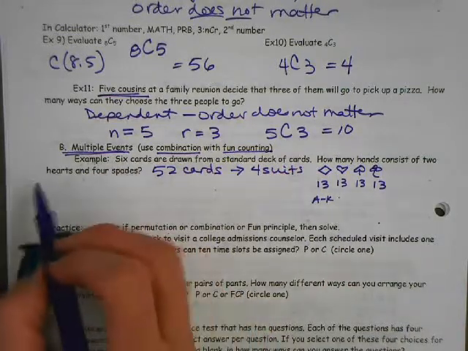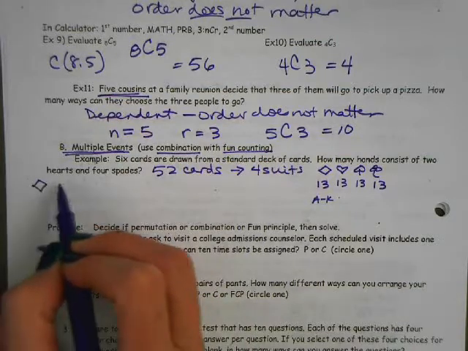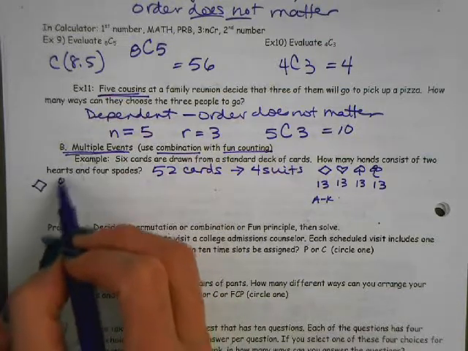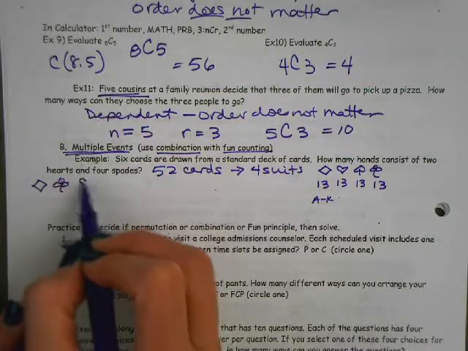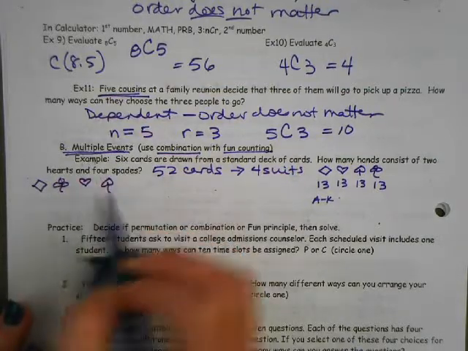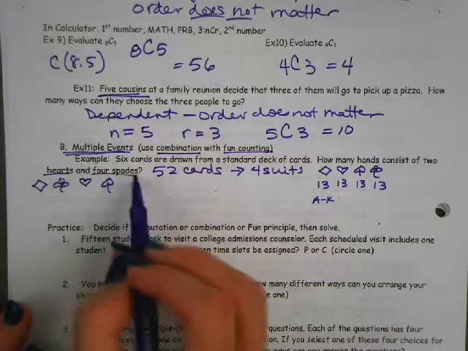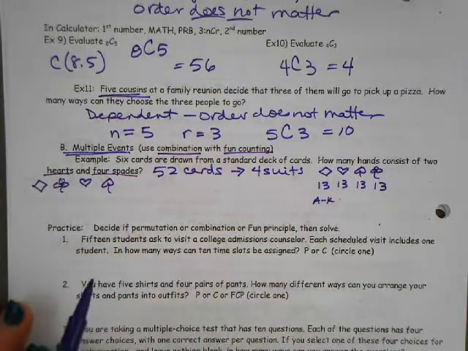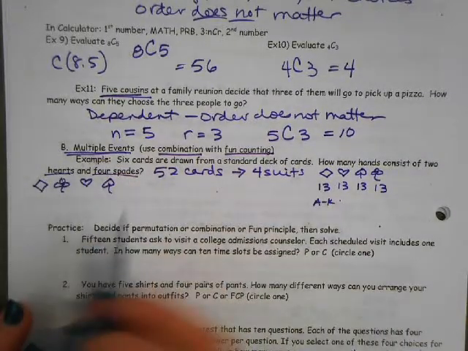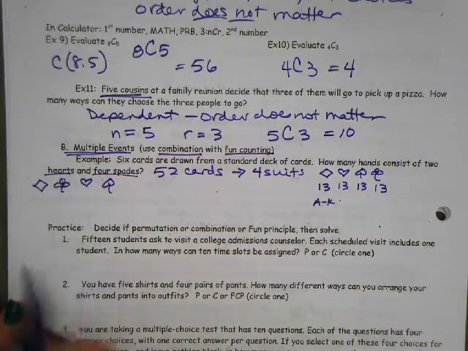So, if I look at hearts, diamonds, clubs, and spades. Alright, if I pick 6 cards, how many diamonds will I pick? I'm looking for 2 hearts and 4 spades. So how many diamonds would that be? None.